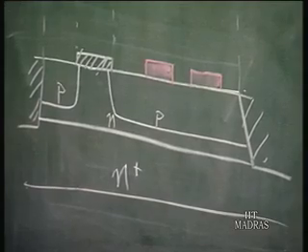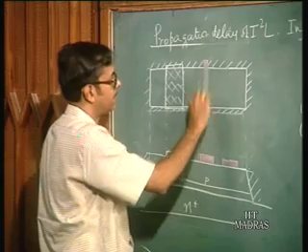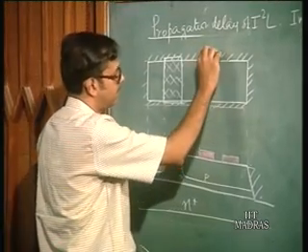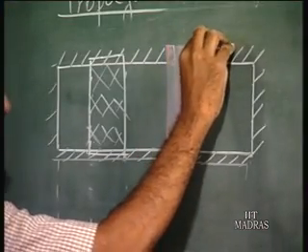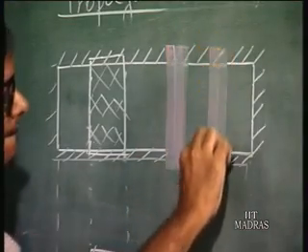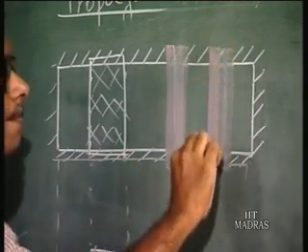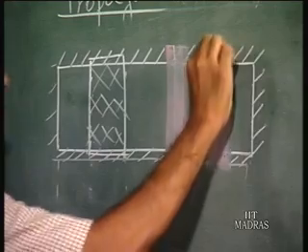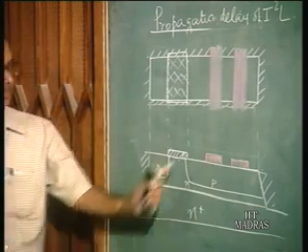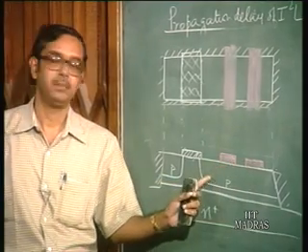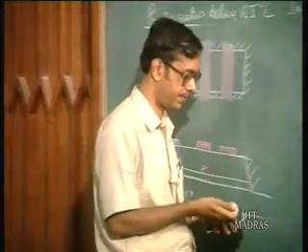From the mask, I just draw it like this, the top view. It looks something like this. So this is the top view, and this is arsenic doped polysilicon, which is N-type.